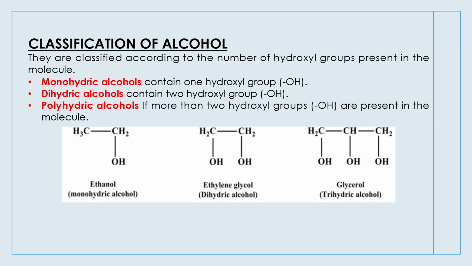But for 1,2,3-propane triol, we have three hydroxyl groups attached to the carbon atom, so this lies in the category of trihydric alcohol. If it is greater than 3, like 4, 5 and so on, then we can simply name it as tetra, penta or hexa, and this generally lies in the category of the polyhydric alcohols.